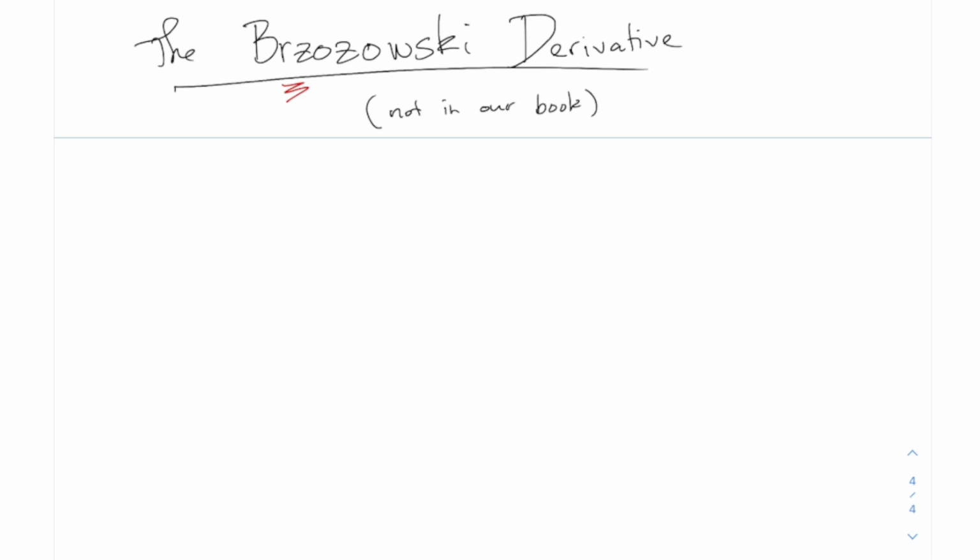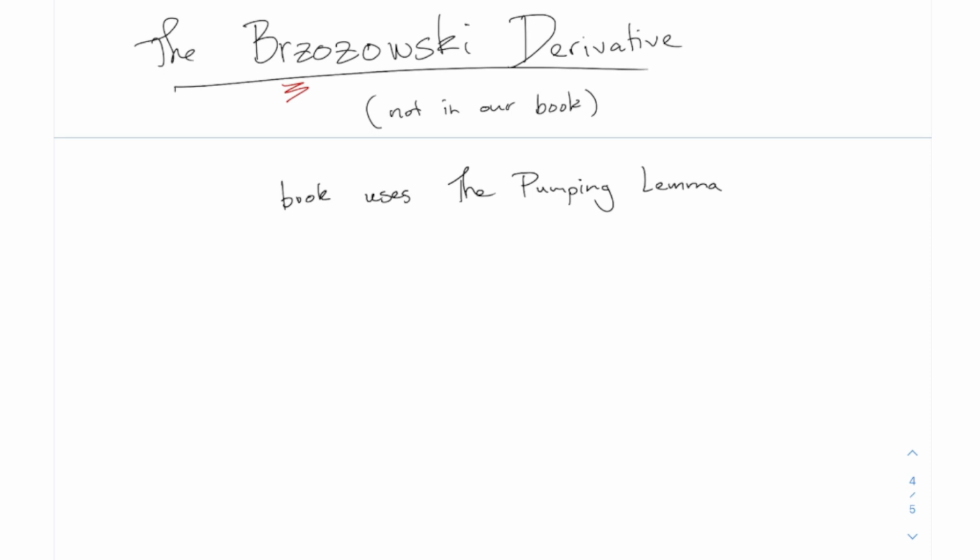Our book has a completely different approach to showing languages are not regular. So the book uses something called the Pumping Lemma. This word lemma means kind of the same thing as a theorem, but usually a lemma is of smaller stature than a theorem.